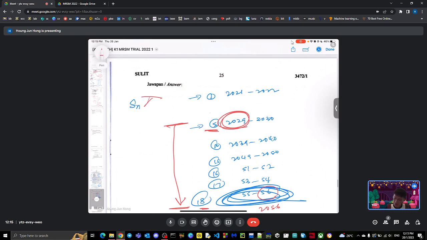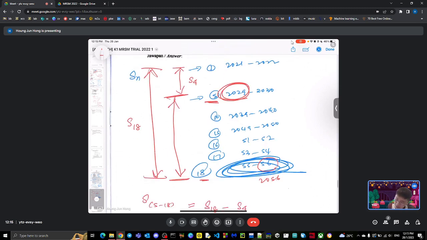But we don't want the first 4 terms, because they are not asked for by the question. They don't want 2021 until 2028. So we have to take this out. The first 4 terms need to be subtracted, and it will leave you with the remaining 5th to 18th terms.